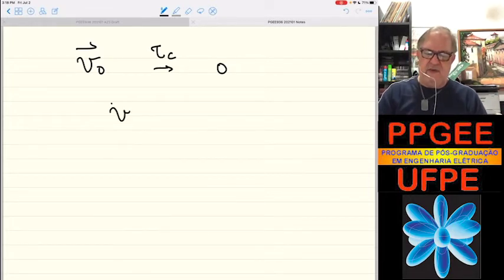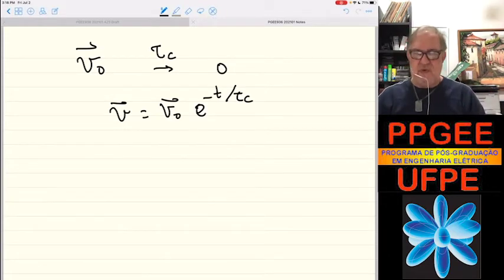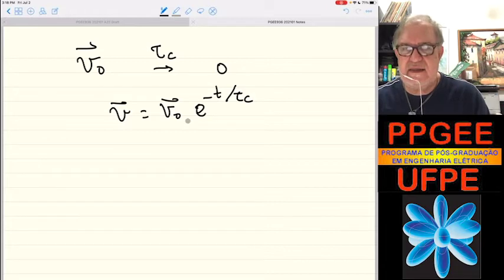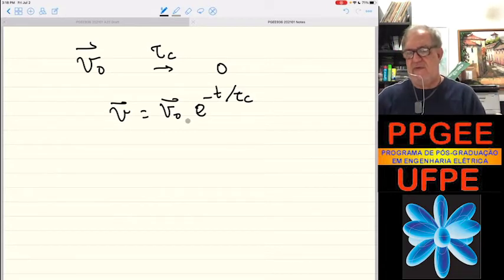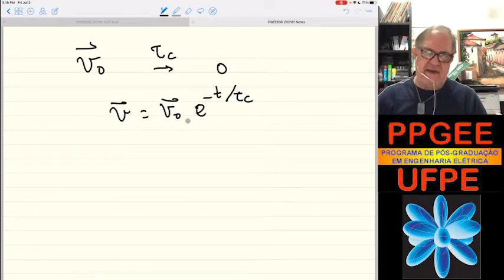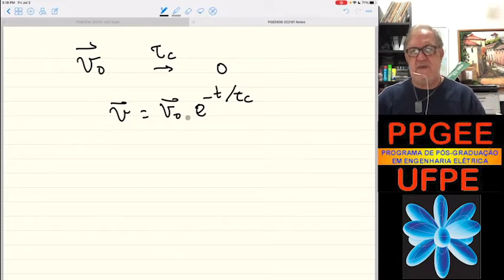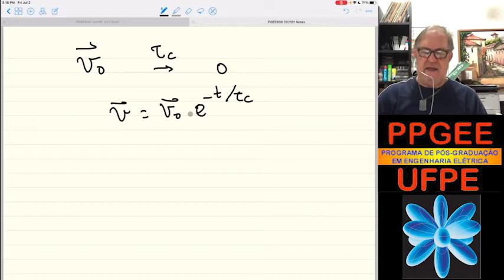So the velocity would go like v0 exponential minus t over Tc. And we showed that if we work this equation, we can show that this is equivalent to the system having a viscous force proportional to the velocity and against the motion, right? So that's what we have.